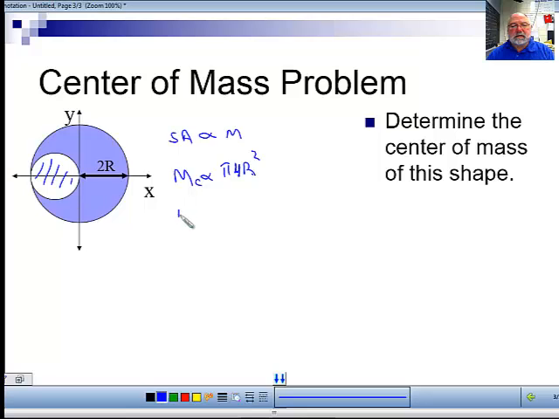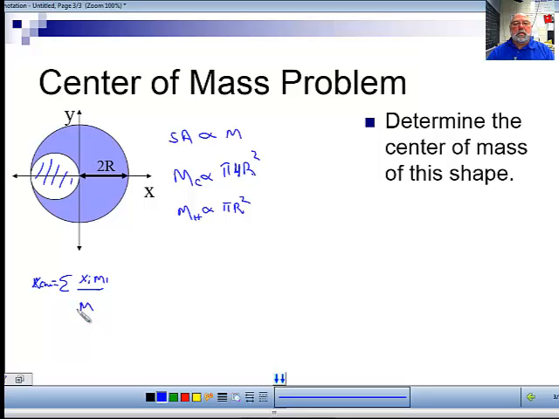I'm just going to call that mass of the hole. Well, what's the radius of this? Well, it's r, so that'd be pi r squared. Okay, so recall that the center of mass formula is the sum of the masses times their locations over the total mass.